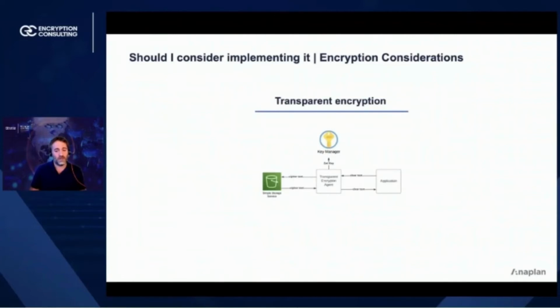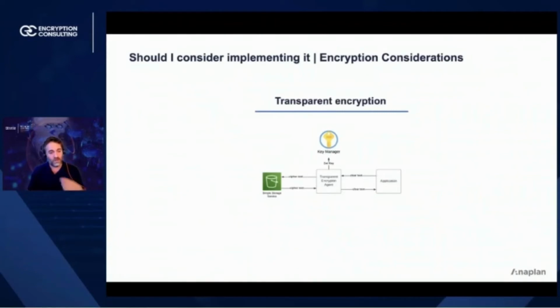Transparent encryption, stronger encryption. Keys are accessed only by a middleware layer, a service, an agent. Again, it varies from implementation to implementation, but the concept is that applications don't talk directly to storage. They talk through some middleware. The application will submit clear text to the middleware, and the middleware, before it transmits or forwards the data into, let's say, S3, does the encryption.